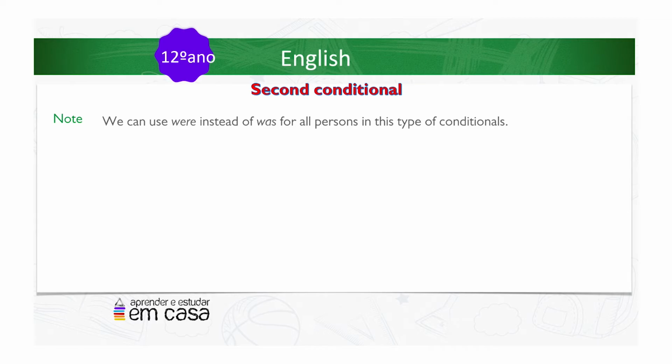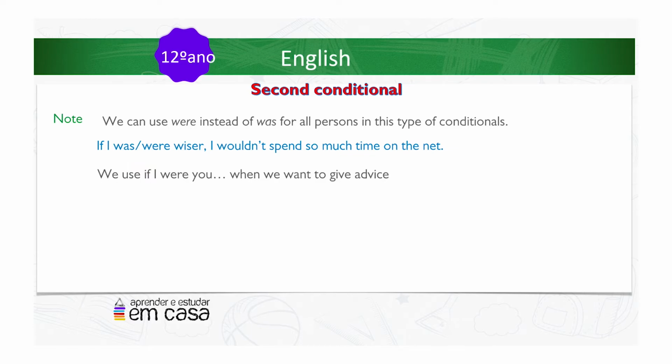In conditional, you can use were with all persons, okay? So if I was or if I were wiser, I wouldn't spend so much time on the internet. So here with I, you can use both was or were, but it's more common to use were, okay?